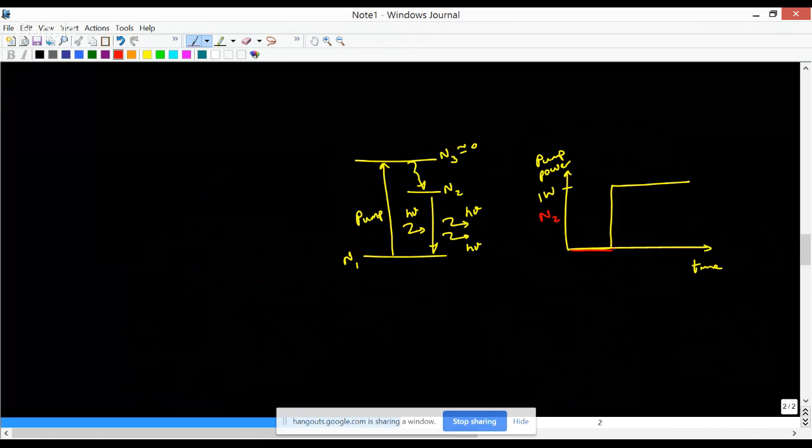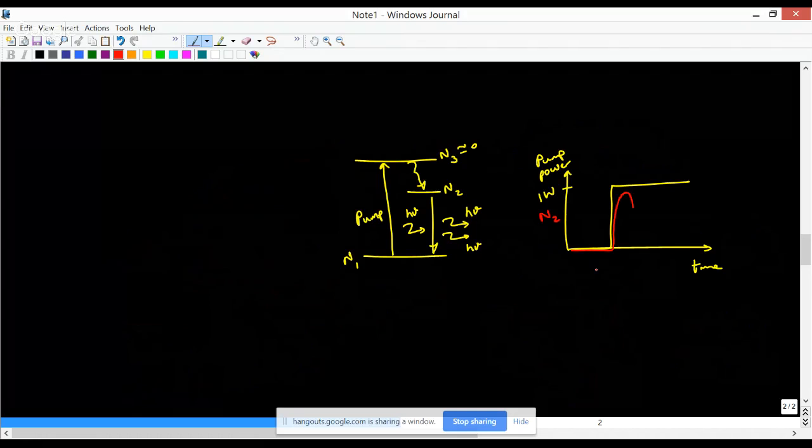But when it suddenly gets excited, when all these pump photons come in, you start having that N2 increase. It will increase to a certain value, and then it will start decreasing. Why does it decrease?